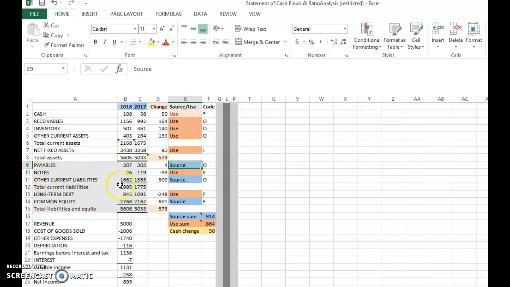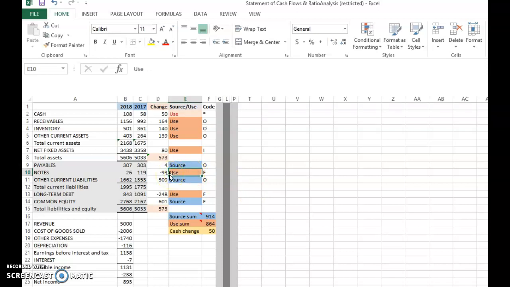But notes, it's a liability item, but because you reduce the liability, how do you reduce the liability? By paying cash to your creditors. You pay them off. So you reduce your amount of debt from 119 million to 26 million because you pay 93 million to your creditors. Therefore it is a use of cash. It's not a source.